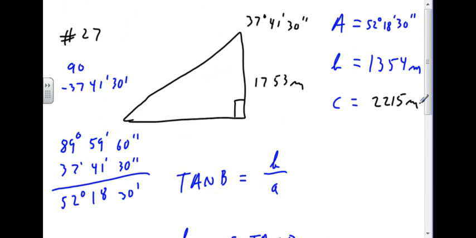Now, the other way I could do that is change my degrees, minutes, and seconds to decimal degrees and put it in my calculator that way, but it seems like this would be the easiest thing to do, so I think we'll just do that. Okay, so we'll do 28 next.